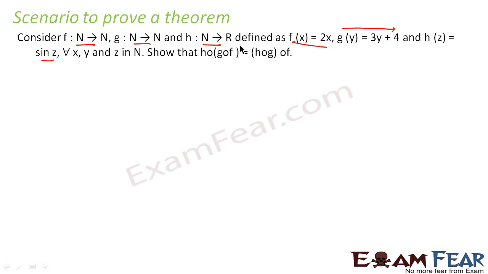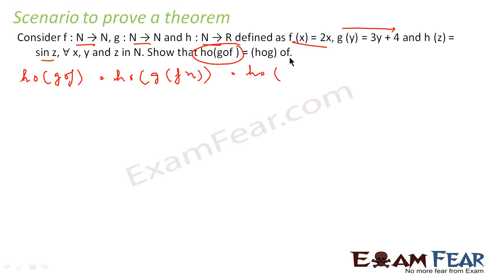First take this part. This is nothing but h of g of f, which is h of g of f(x). f(x) is nothing but 2x, so g of 2x. This is nothing but h of g of 2x, which is 3 into 2x plus 4, because g(y) is 3y plus 4.